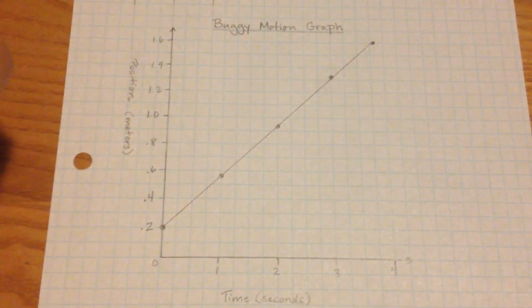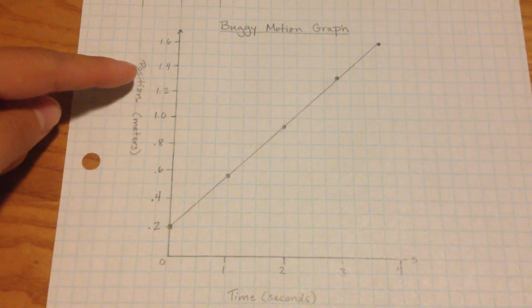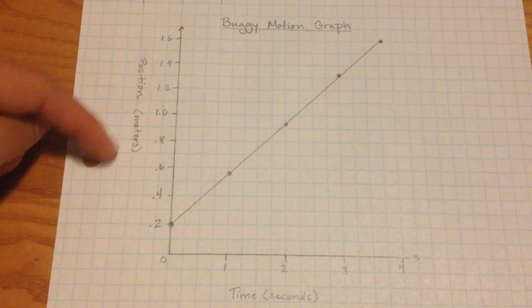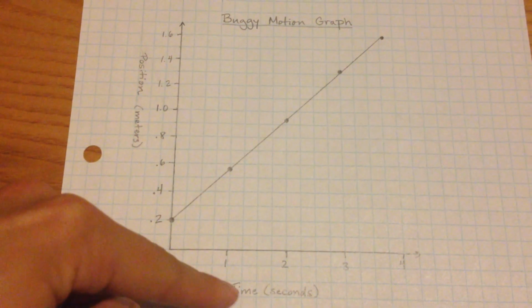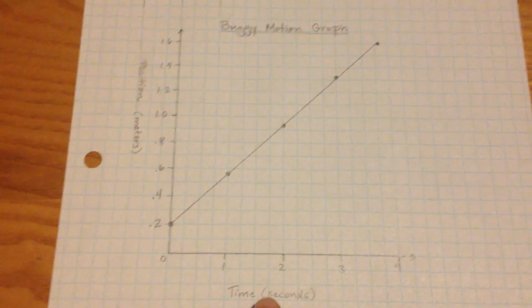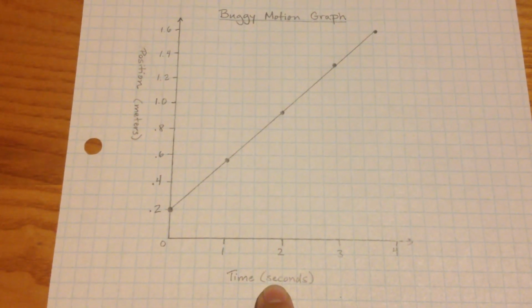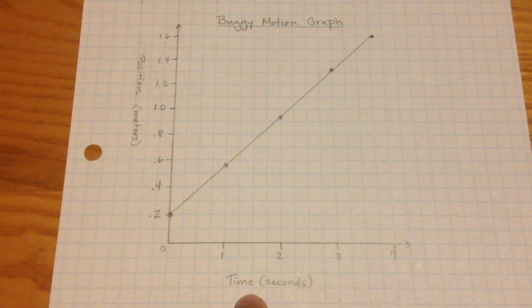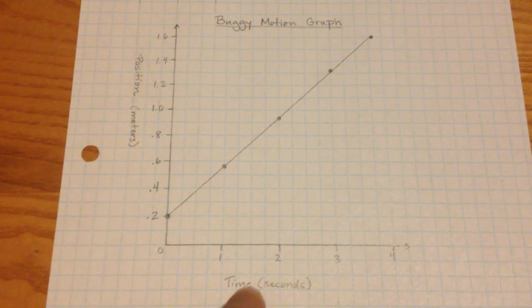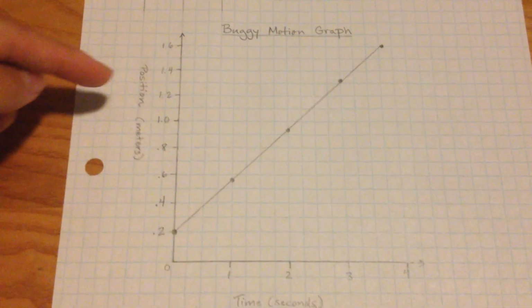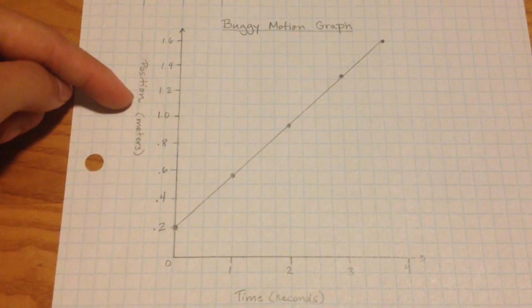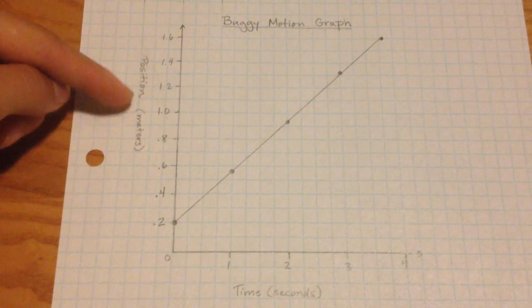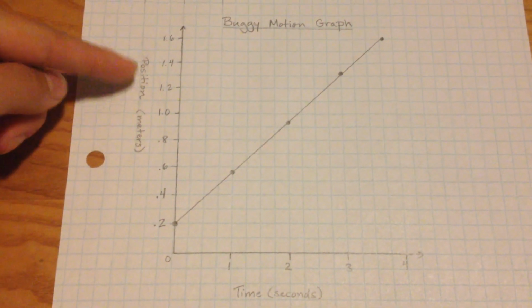I have labeled these axes with the thing that is on it, including the units. And you can see time is on the x-axis. Time will always, always be on the x-axis anytime we make a graph that involves time, and I've said time in seconds. And then over here on the y-axis is position in meters.